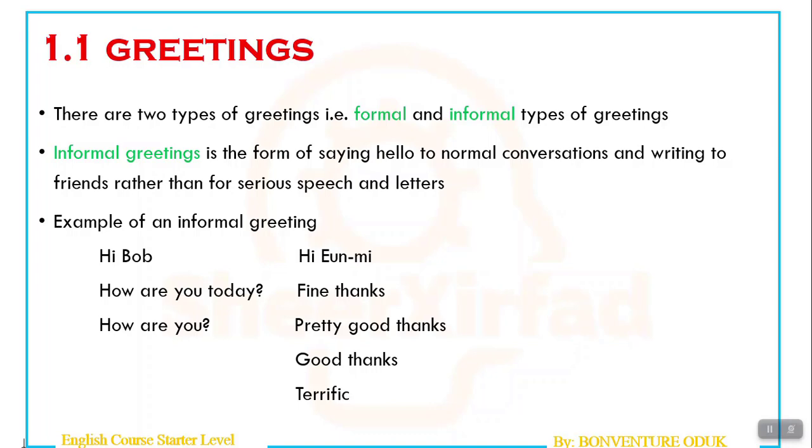When you're having informal greeting, it means you are involving either friends or even relatives. So it's people whom you are very close to, whom you are very familiar with, and it is not official. So these are greetings that are not official. That is why they are informal. They're not formal.